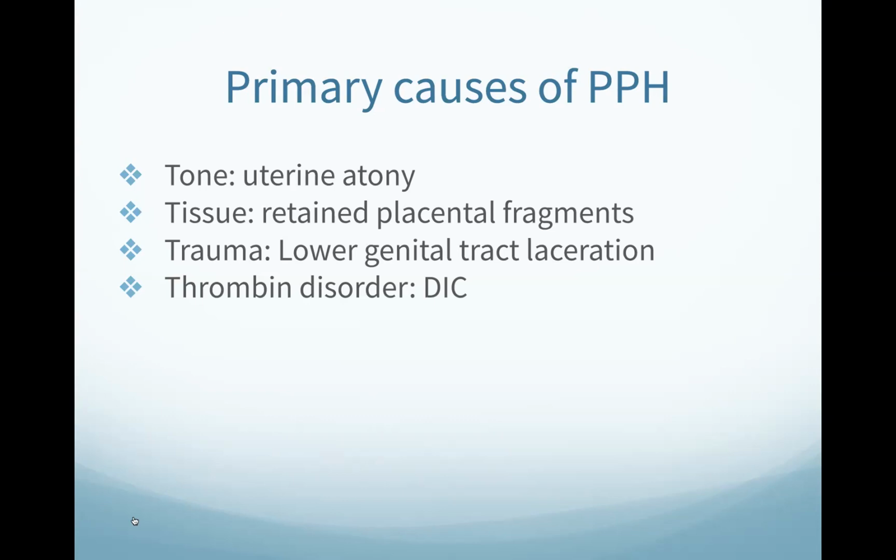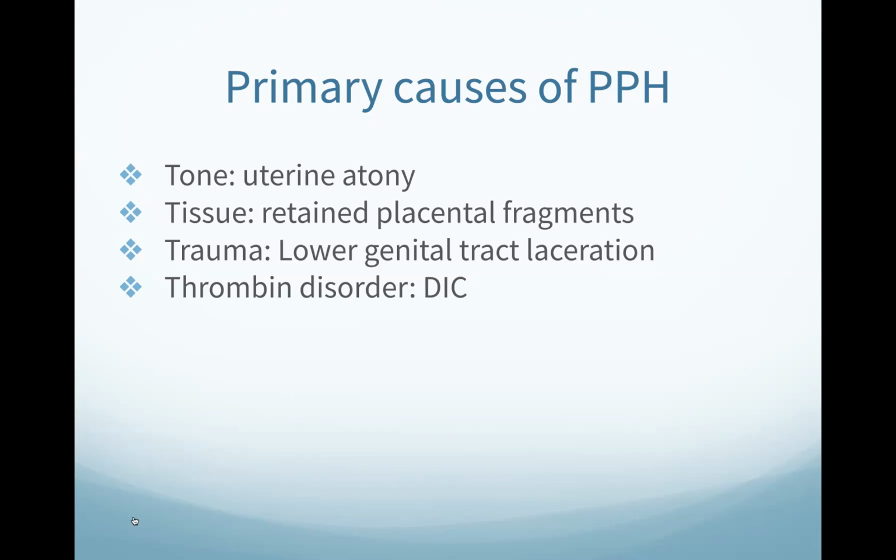I have here uterine atony. So think of some causes of uterine atony: a precipitous labor, a rapid labor, fibroids. I think a lot of times people don't think about fibroids. And some signs and symptoms would be a very boggy uterus, passing some clots. So that would be your tone.